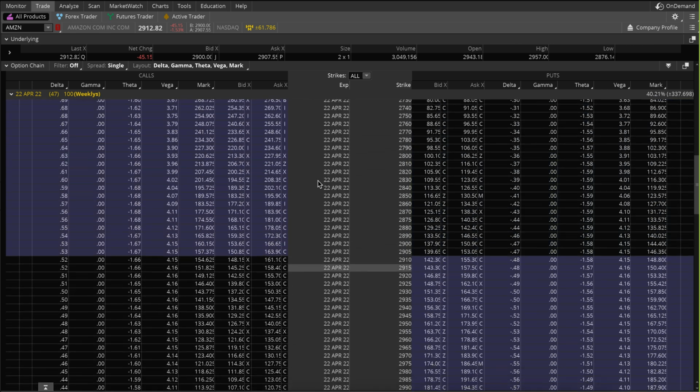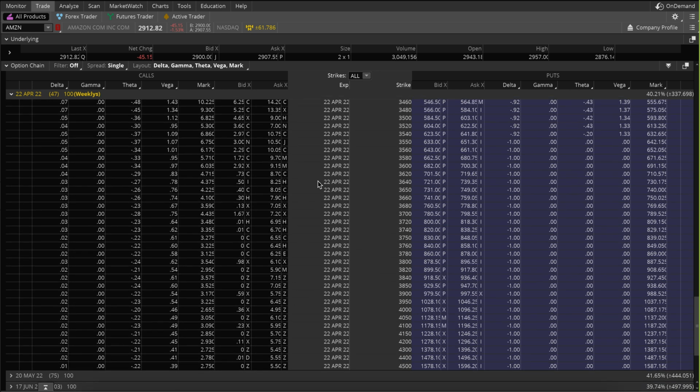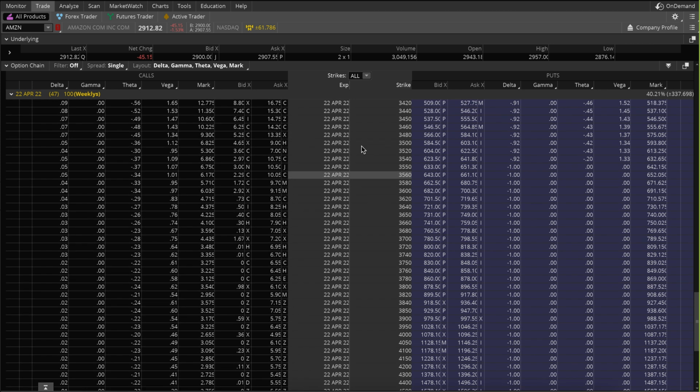Let's go down, down, down. We have some strike prices around the levels we're talking about. We don't have to actually choose these ones. We could, because we think it's going to go to 3,600, but let's pick something slightly below.